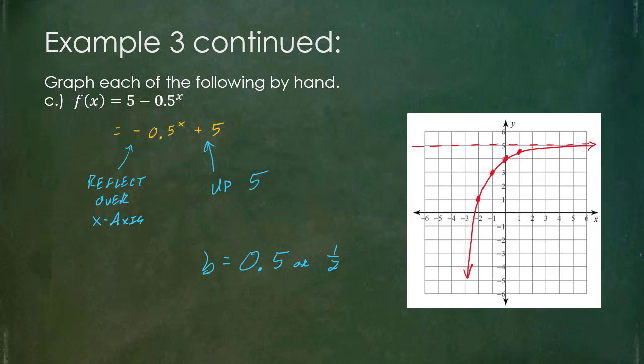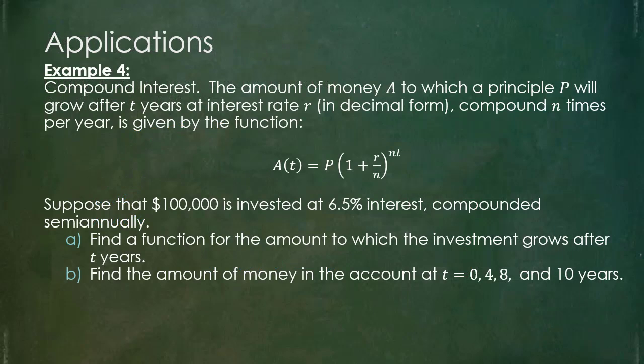Instead of being 0 to infinity, it would have been -infinity to 0 before the shifting up by 5 places. So the up by 5 places actually changed my range to be -infinity until I get to +5 instead of the 0. So now that hopefully we have the basics of just how these graphs would be created and how they can be shifted, let's go ahead and deal with applications as well as some special exponential functions.